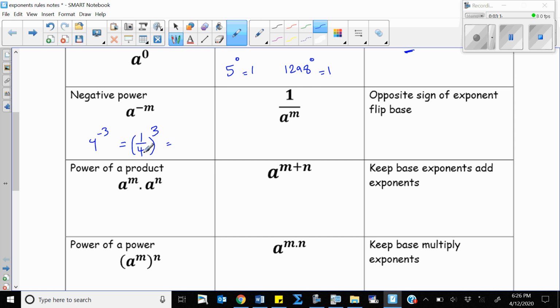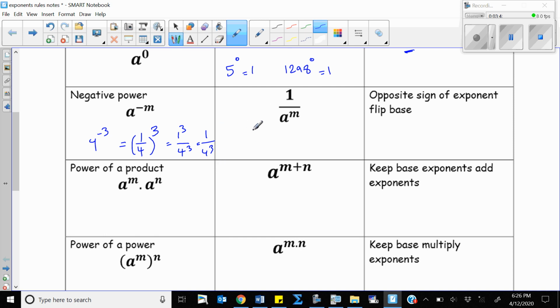We know that if we have a fraction, then both top and the bottom of the fraction will be raised to the power. So this will be 1 to the 3 and 4 to the 3. We know that 1 to the power of anything is just 1. And then the bottom will be 4 to the power of 3. So basically what we did here is flip the base and opposite the exponent. So it will be 1 over 4 to the 3.